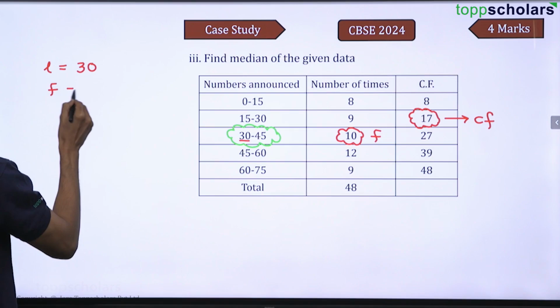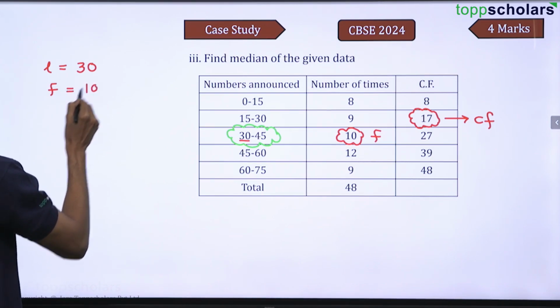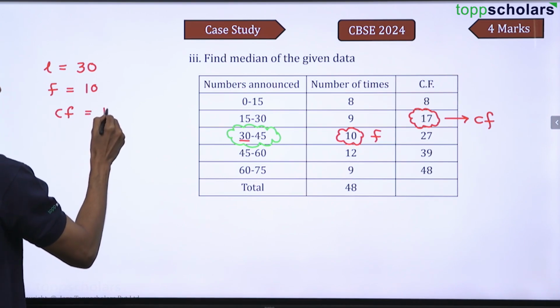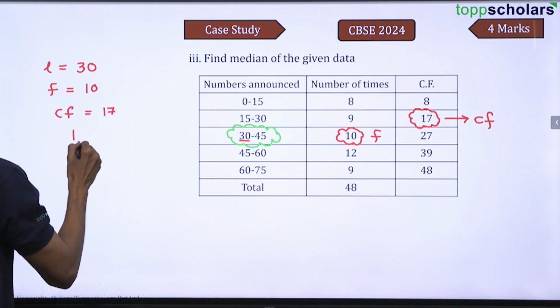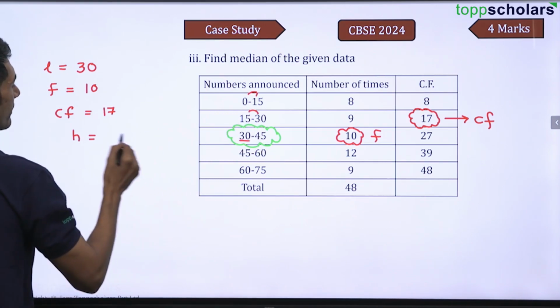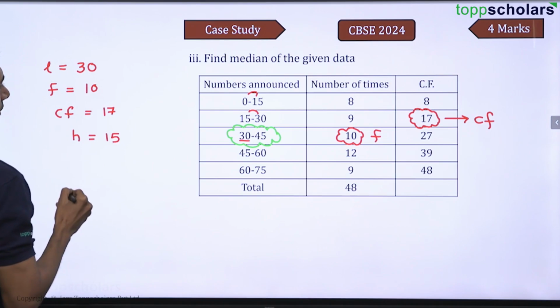F is 10. CF is 17. H is, the difference is 15, so H is 15, right?